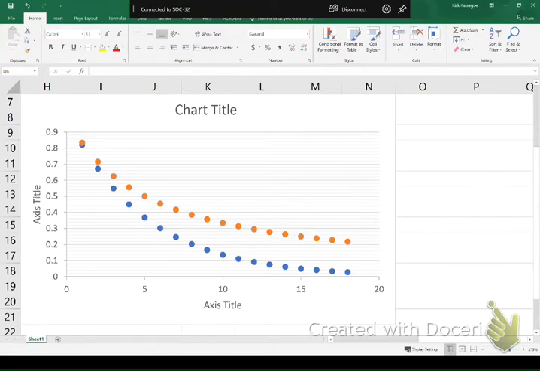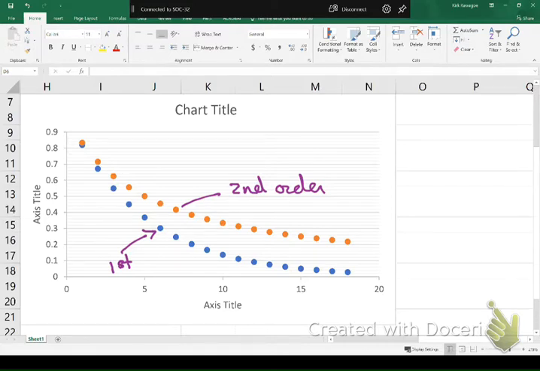This is what a first order and a second order concentration versus time graph looks like. Now, this one's first order. This one's second order. There's not a real good way to tell.